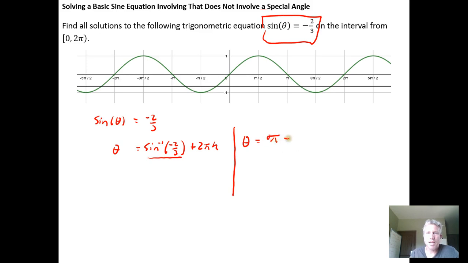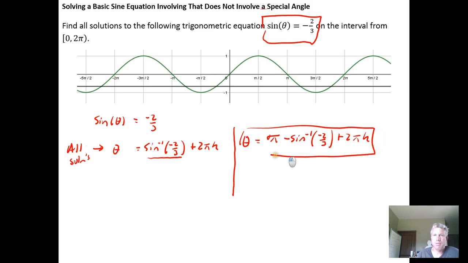So I'm going to go pi minus the sine inverse of negative 2/3 to get supplements, plus 2 pi k. And there I've described all of the solutions. This describes all solutions right here. These two statements, this guy and this guy. There's all solutions.